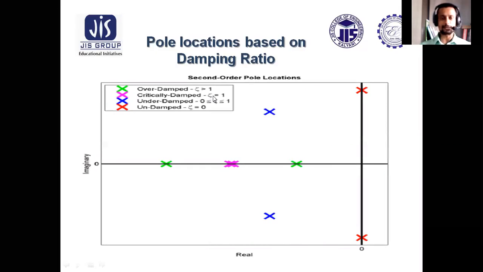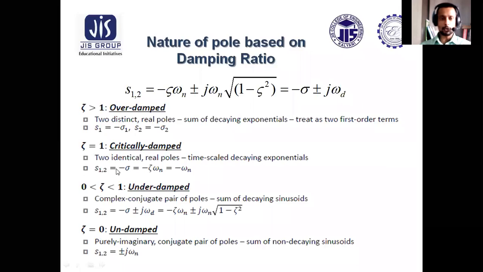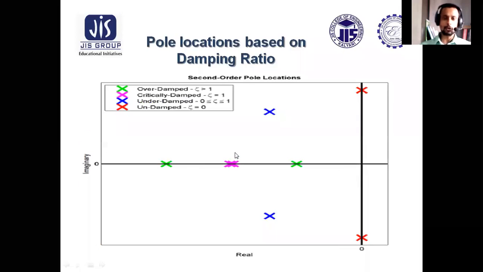For critically damped systems, zeta equals 1, and both the poles will be located at minus omega n. So multiple poles will be located at the same place, which is shown by pink. Both the poles are at the same point, and poles are real values.